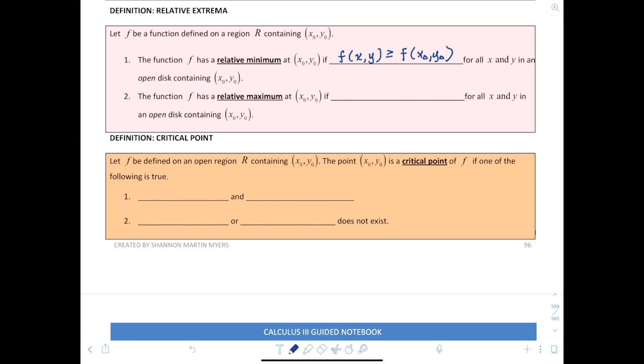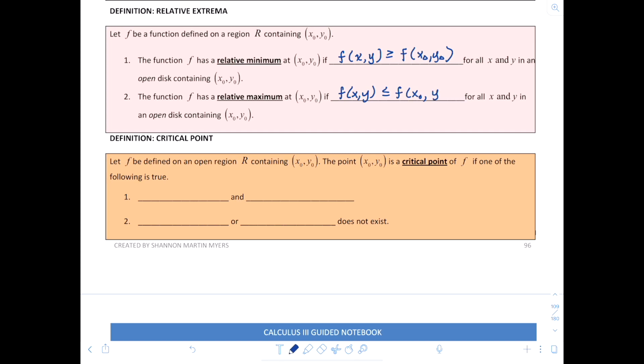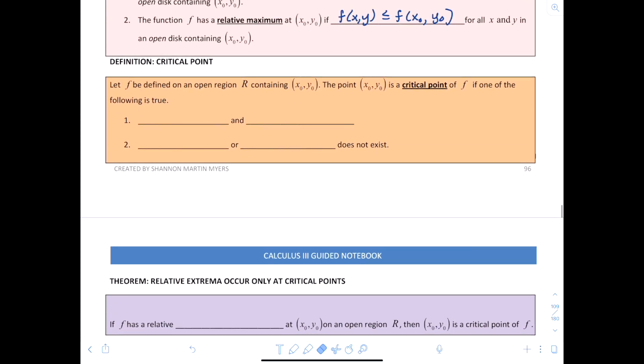And the function f has a relative max if f of x and y is less than or equal to f at x0, y0 for all x and y in an open disk containing x0, y0. So a critical point will happen if we let f be defined on an open region R containing x0, y0. The point x0, y0 is a critical point of f if one of the following is true.